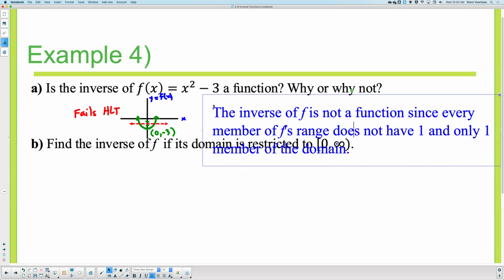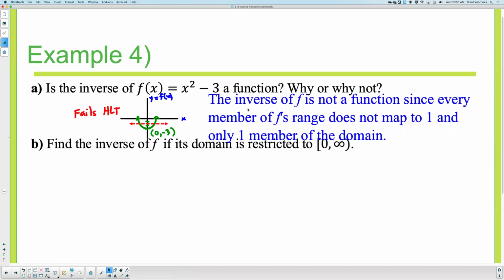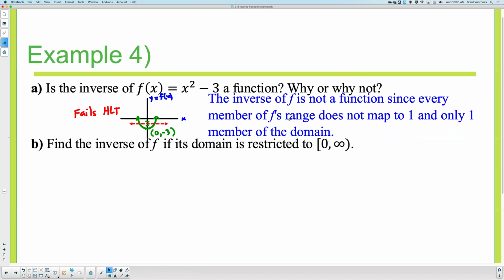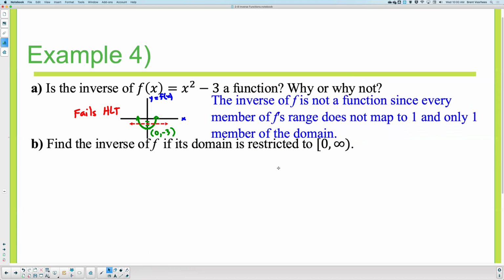And when I say have, you could say is not mapped as well, if that makes more sense to you, since every member of f's range does not map to one and only one member of the domain. You could use that terminology as well. Whatever makes more sense to you, go with that. But that's the idea there on why it's not a function. So this is not a function, so I'll go ahead and circle the why not.